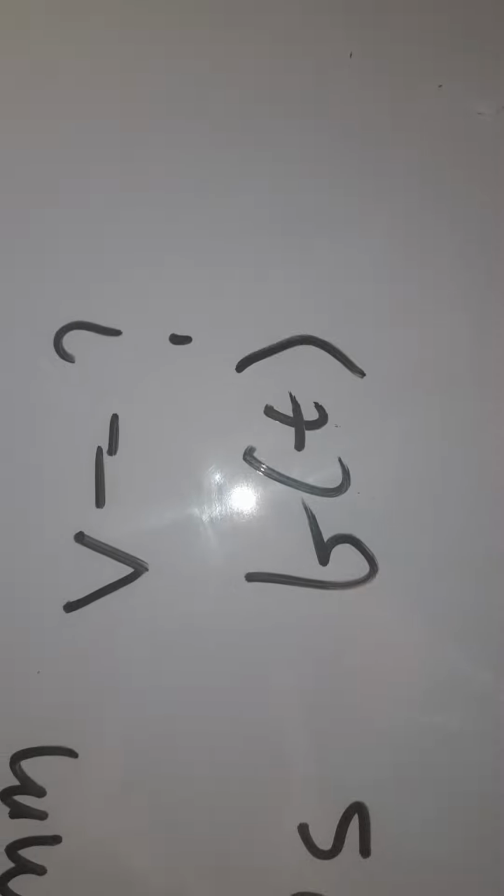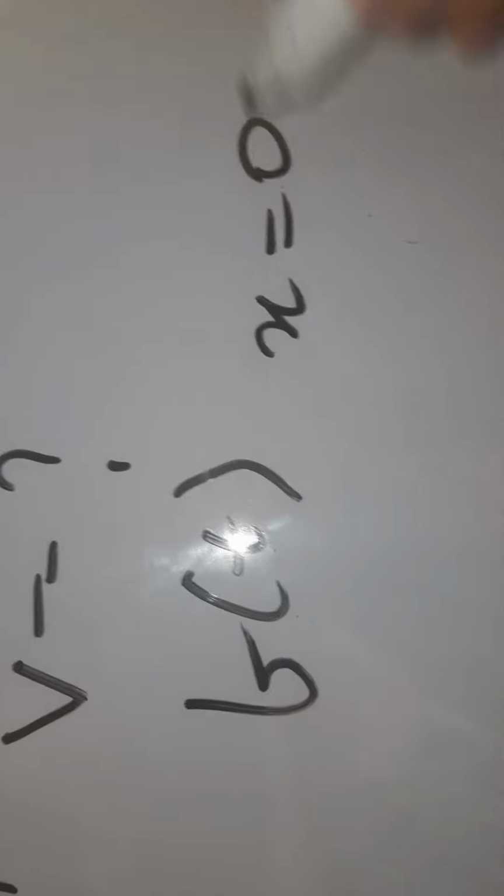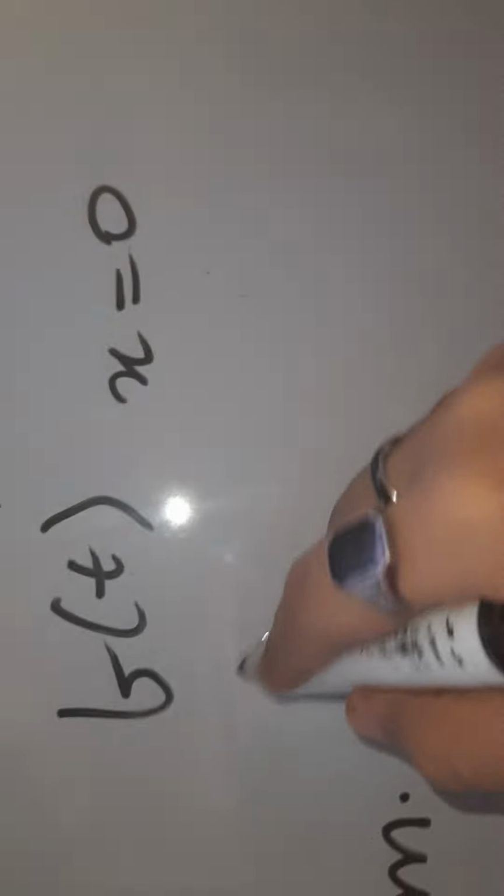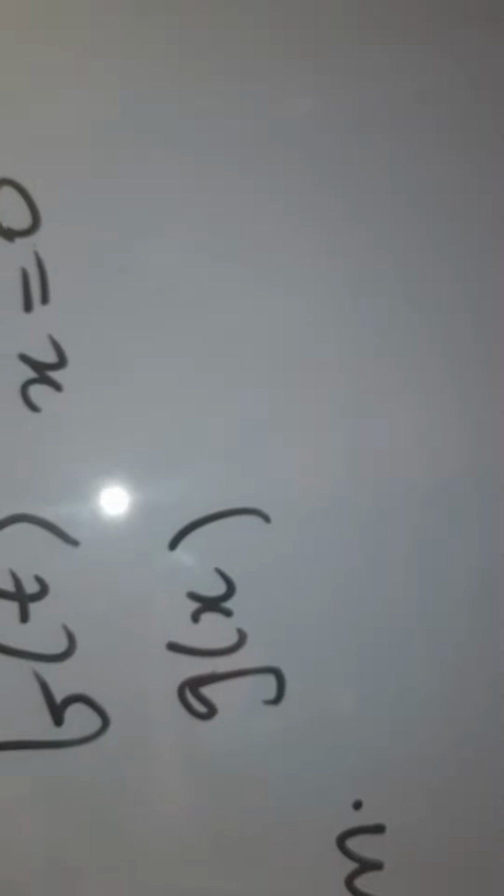The first thing is to find the velocity. Then you need to find the function f of t giving the displacement of the particle at x equals 0. Then the next thing was to find the function g of x of the particle at t equals 0.